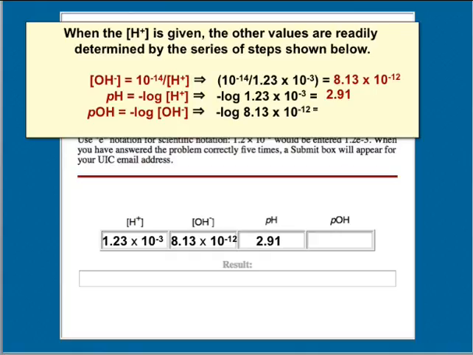So you simply take the negative log of 1.23 times 10 to the minus 3, and hit the log button. For hydroxide, we calculated it was 8.13 times 10 to the minus 12, negative log of that is 11.09.